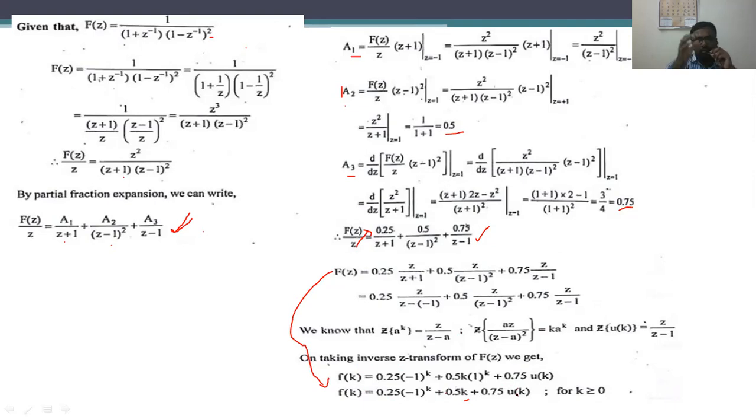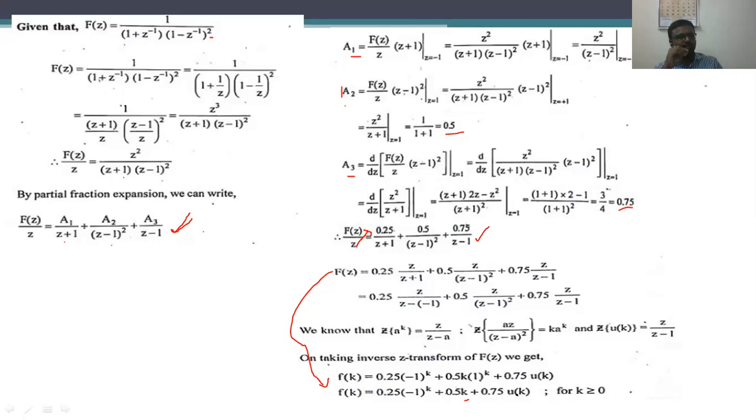So in this way, we apply the partial fraction method for calculation of inverse Z transform for repeated poles. That means we have to apply the differentiation for repeated poles. With this, the partial fraction method is completed.